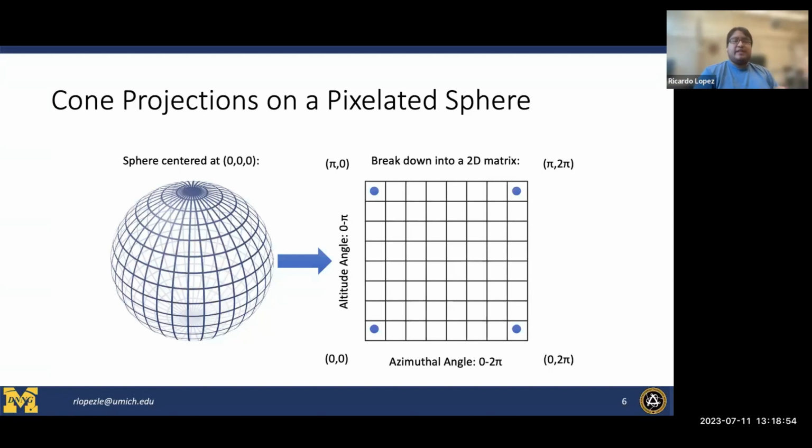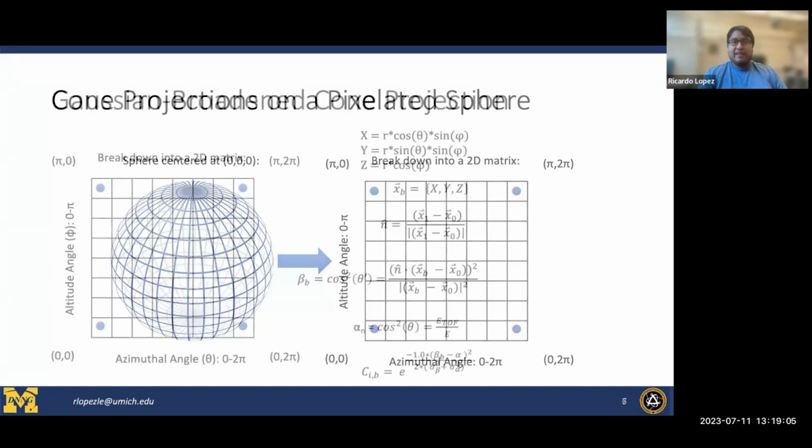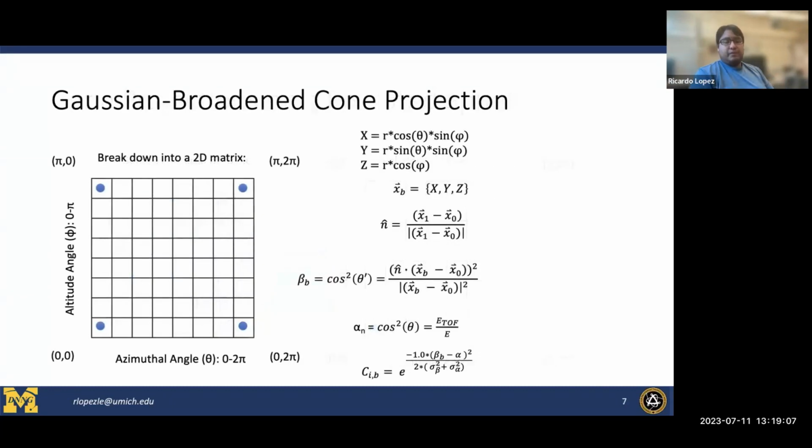And then what you can do is break down that sphere into a 2D matrix where your azimuthal angle would be your rows and your altitude angle would be along your columns. And once you think back to the information that you obtained during the actual measurement, I mentioned before that you have your location, which under normal circumstances you would record in X, Y, and Z coordinates, or Cartesian coordinates.